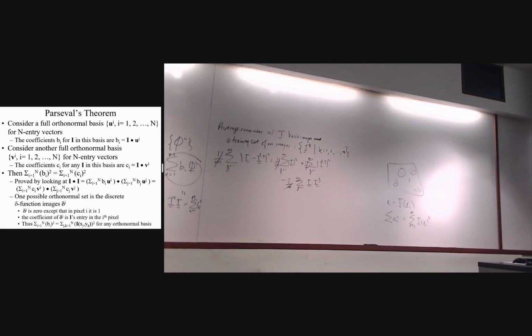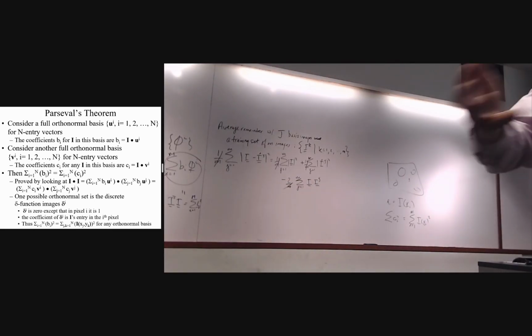We know what our budget is. You put in capital I, and you know that your budget is simply the sum of the squares of the entries in the image.